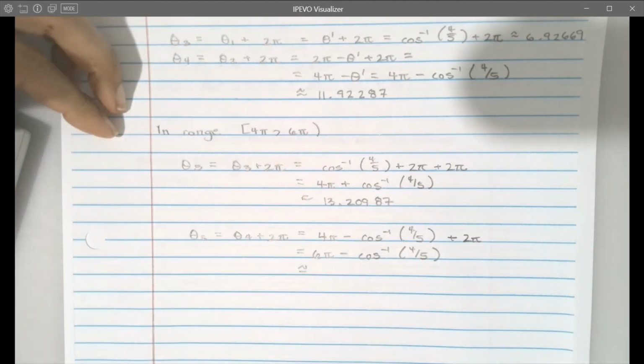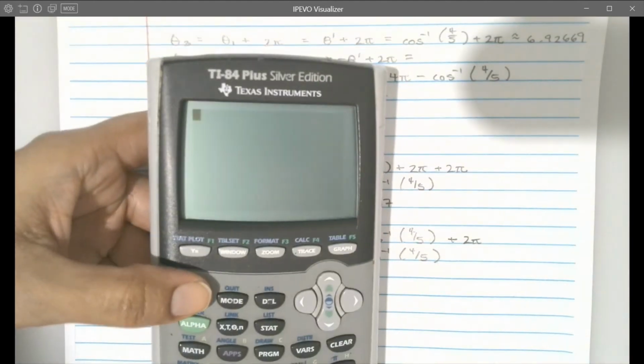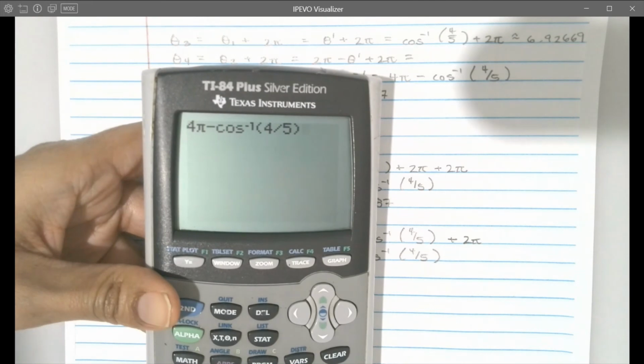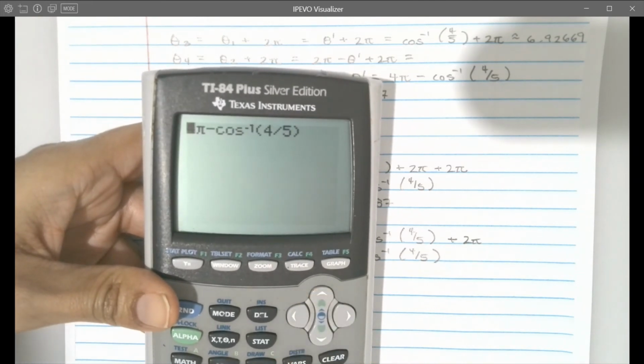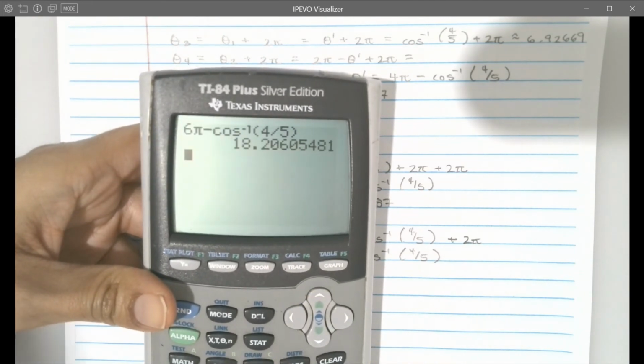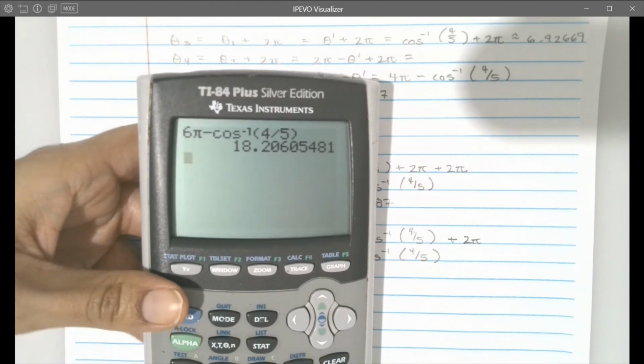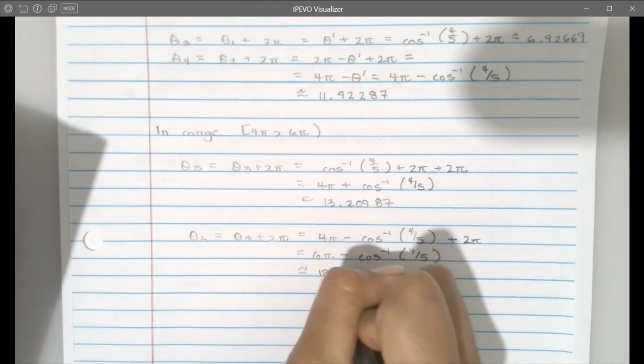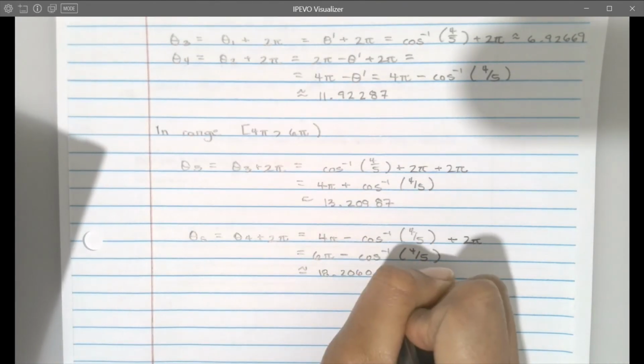And if we punch it into the calculator, let's see what that gives us. I'm going to use this result replacing the 4 for 6. We get approximately 18.20605.